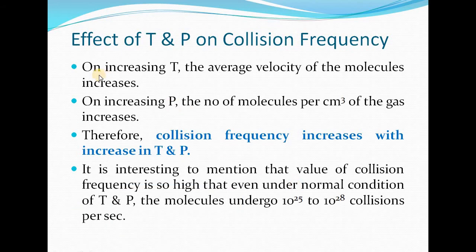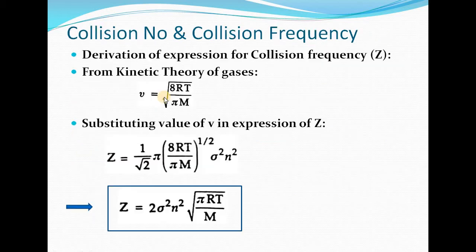So, on increasing temperature, the average velocity of molecules increases, and Z is directly proportional to the average velocity. So, we can say if we increase temperature, Z will increase. Similarly, with increasing temperature, this velocity is increasing, that's why Z is increasing. So, Z is directly dependent on temperature T.